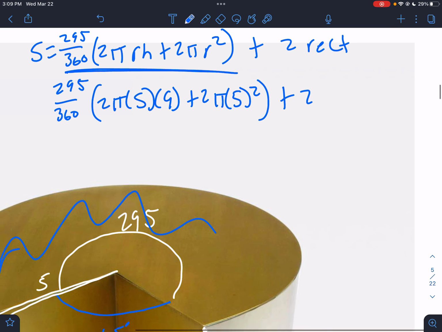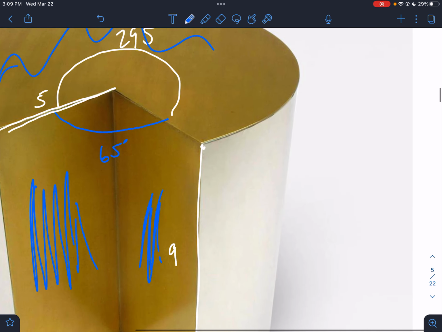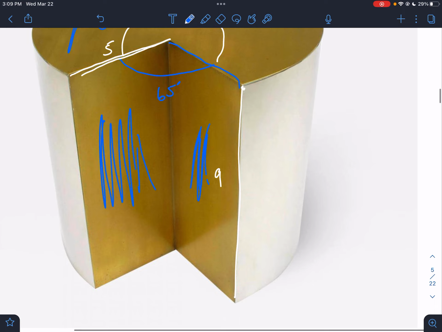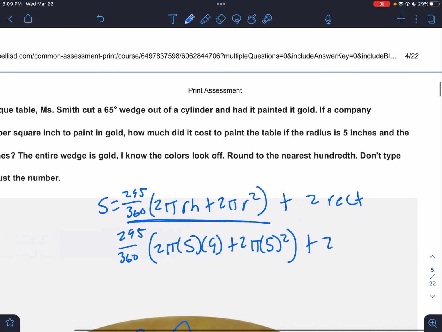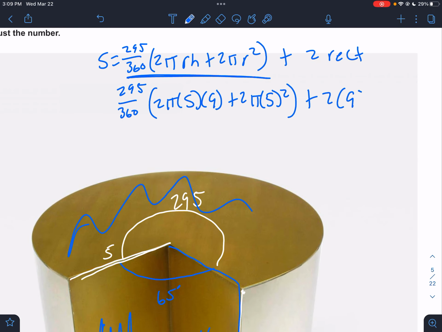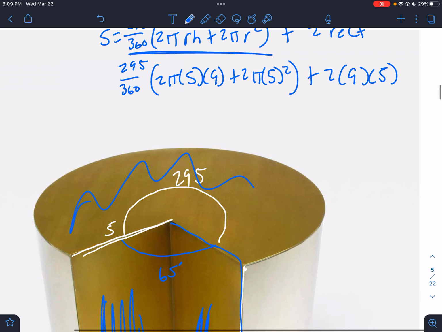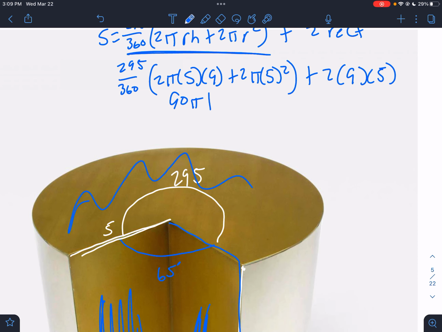Plus the two rectangles. Well, the rectangles would be just the radius and the height. Those would be 5 and 9. So that'd be 2 times 9 times 5. So this would be 90 pi plus 50 pi, which would be 140 pi times 295 over 360.